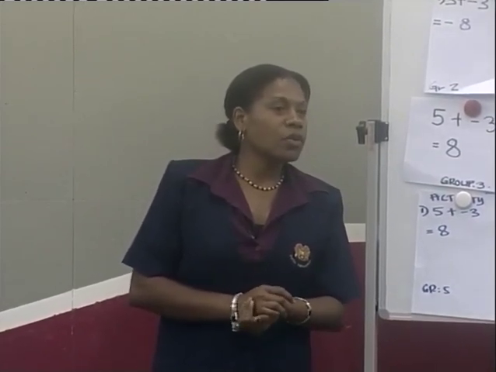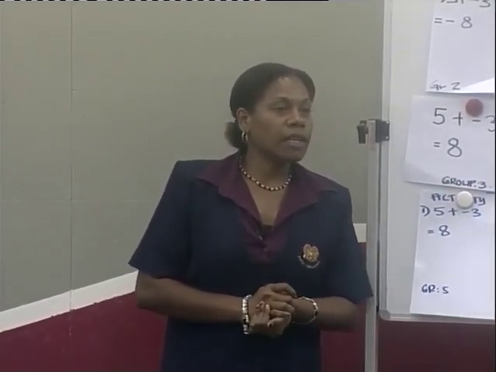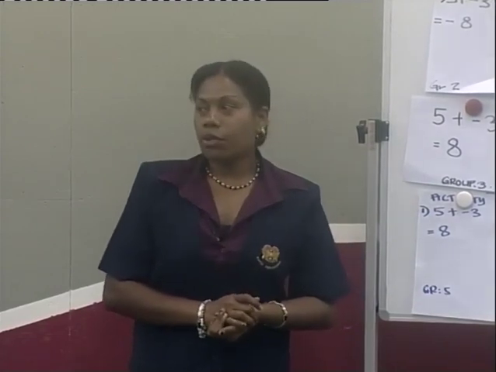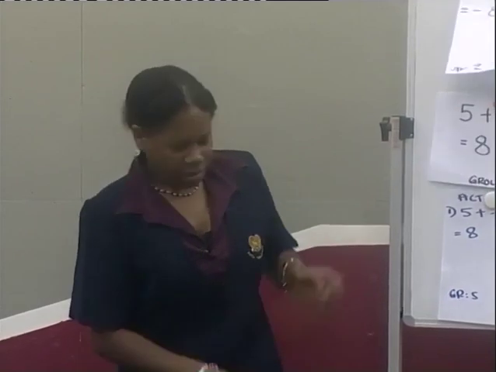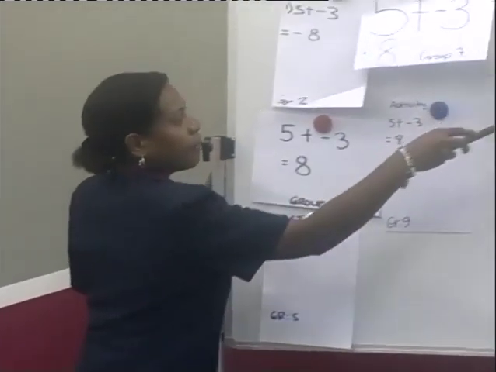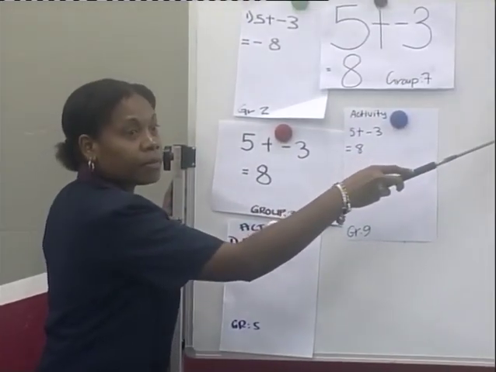Can you explain to the class how you got 2? We subtracted 5 from 3, and then we got the answer, which is 2, and we got the sign of the larger number.